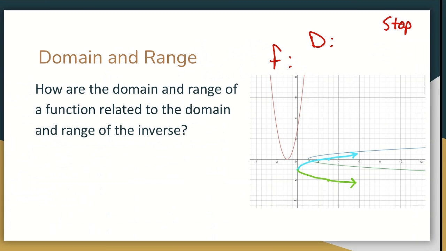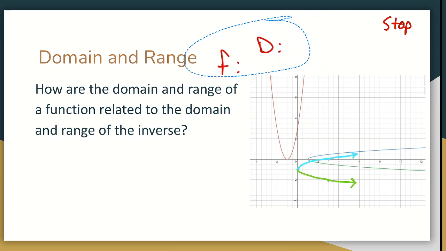If we go out that direction forever, all of the x values can be input. And if we go out to the right that way forever, all of the f values are possible output. So the domain, we can write it this way, from negative infinity up to positive infinity.